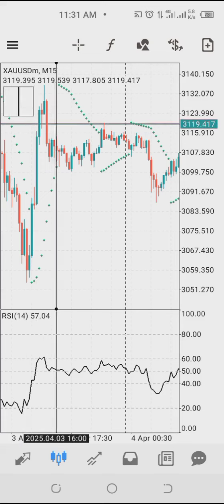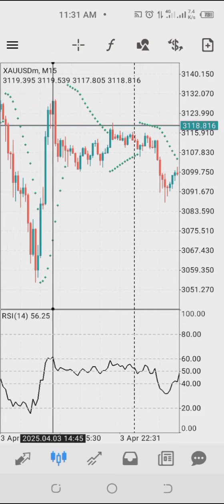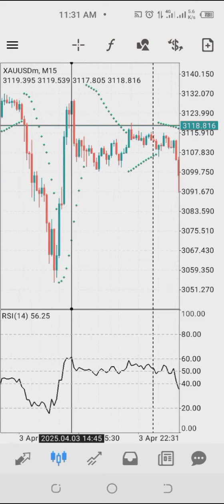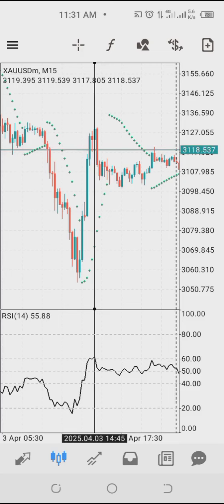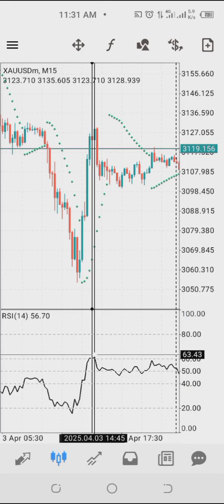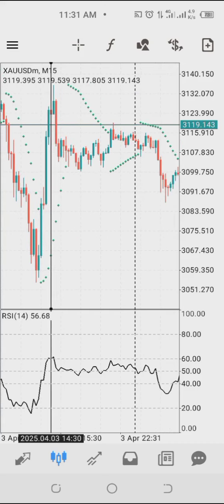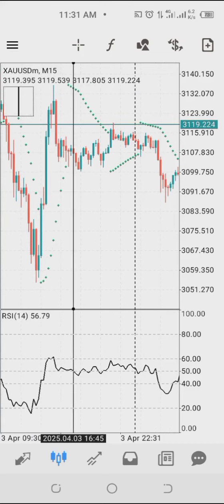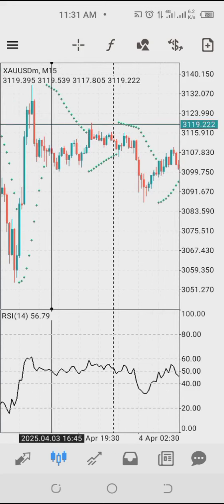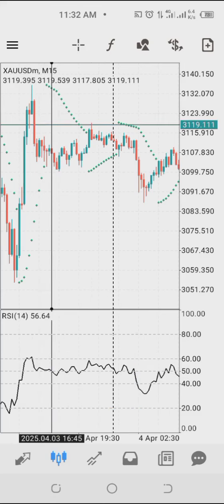So then you go to the M15. One of the criteria you must take note of on the M15 is that the RSI must have gone above level 60, as you can see here, and then dropped. As soon as it touches level 50, you can jump into the trade.